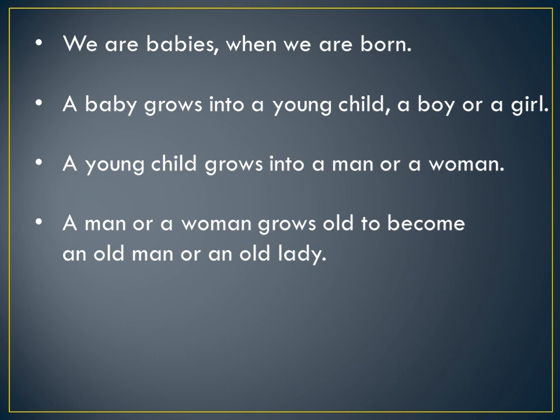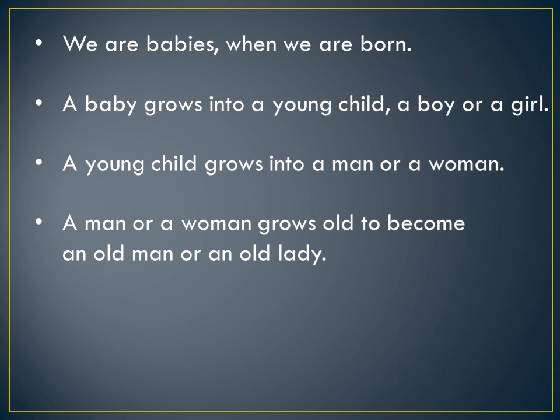A man or a woman grows old to become an old man or an old lady. Okay, so now we all teachers are men or women and we will be growing old in future. After some years we will become an old man or an old lady.